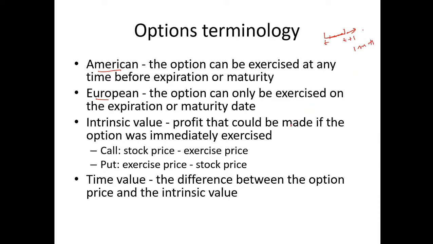Intrinsic value is the profit that can be realized by exercising immediately. When you buy an option and exercise immediately, the profit which you will get is called intrinsic value. For example, if you exercise right now, today being the 24th of February or whatever, it is called intrinsic value if it is a profit.